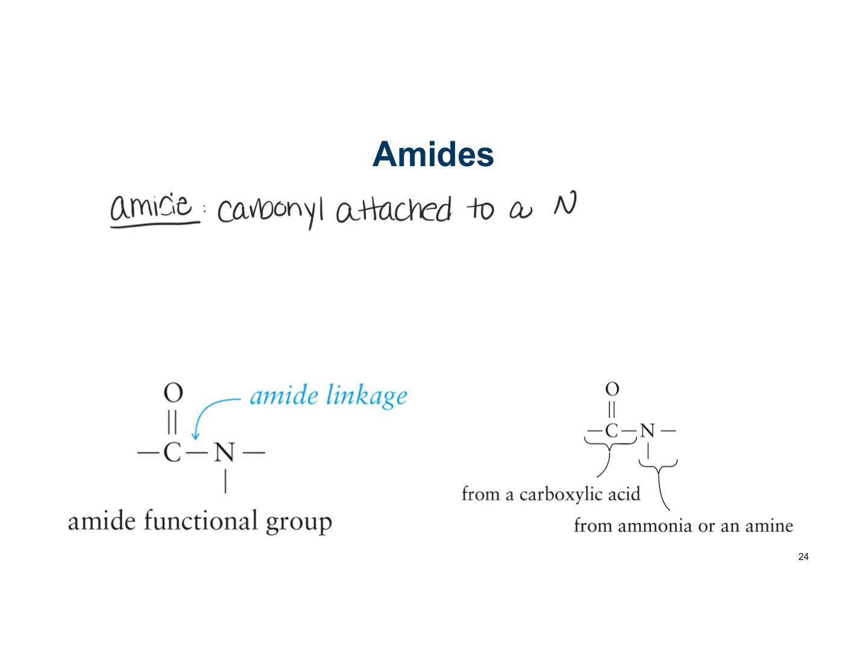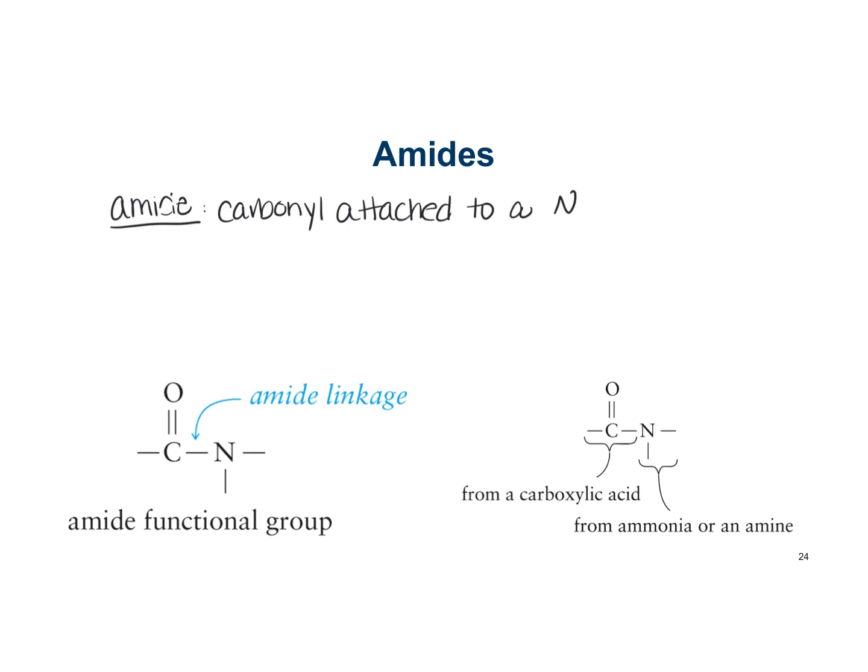There's a single bond linking the carbonyl carbon here to the nitrogen atom, and that's called an amide linkage. When we look at these, amides may be thought of as containing an ammonia or an amine portion here, and then a portion derived from a carboxylic acid here.